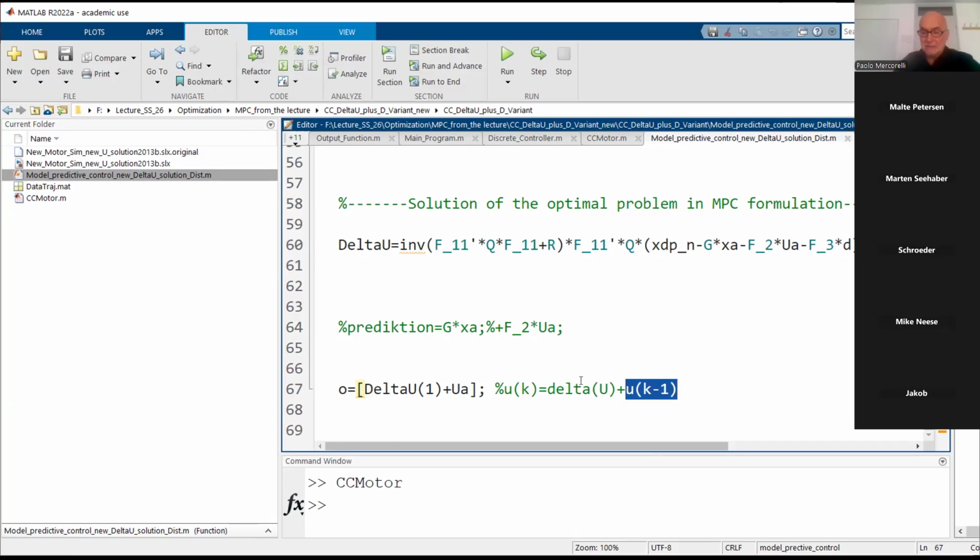I don't know if this can be understood. It's the previous solution. Each time I will add to the previous solution the new optimal delta, because to the system I have to give a u.